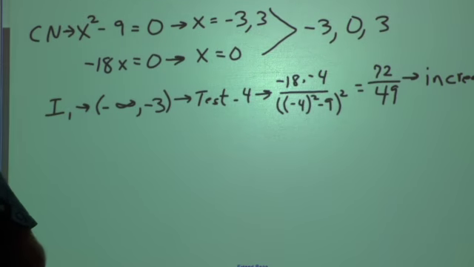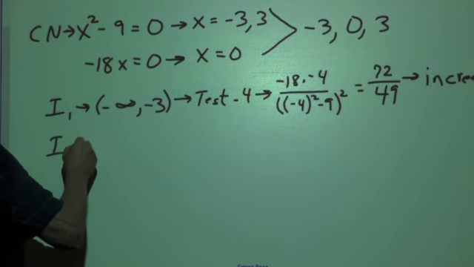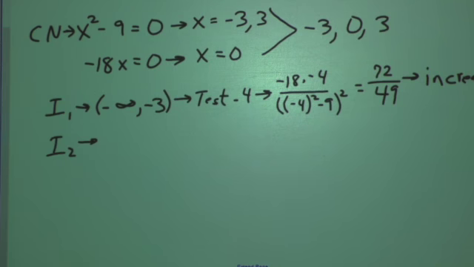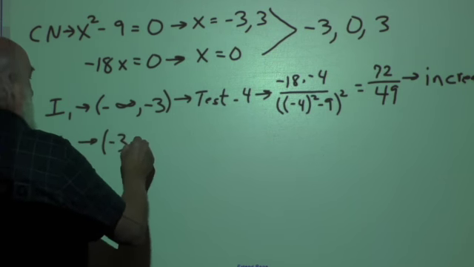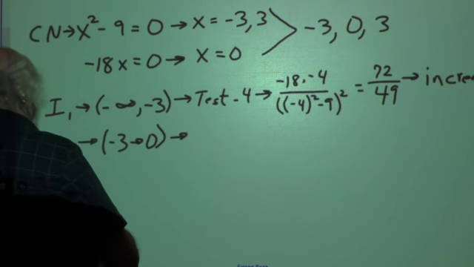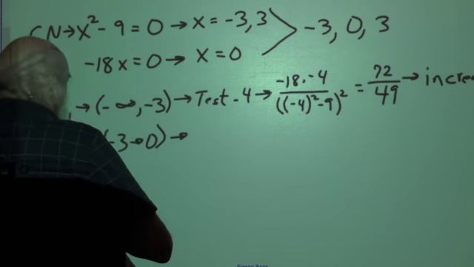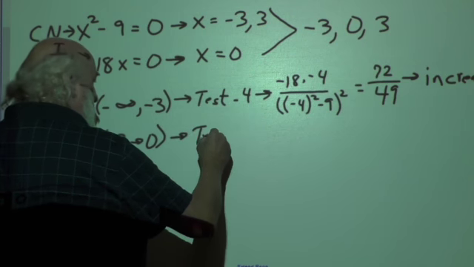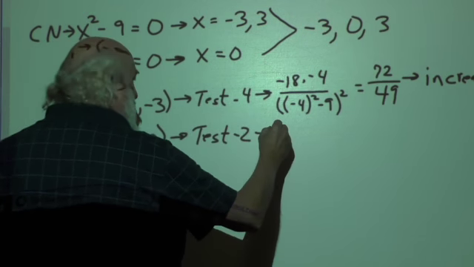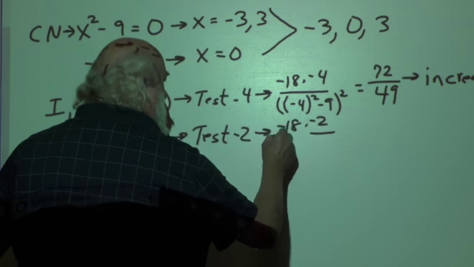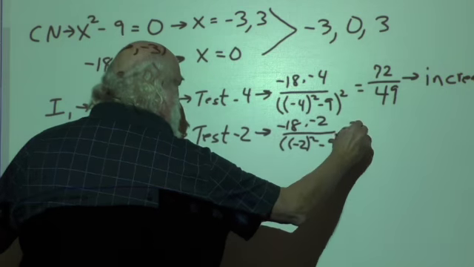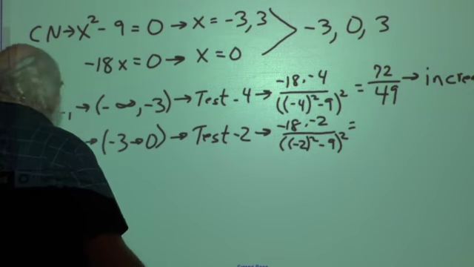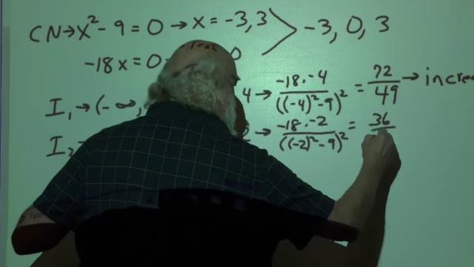Okay, so now we go to I2. I2 is going to go from negative 3 to 0. So I'm going to test with negative 2. When I do that, negative 18 times negative 2 over negative 2 squared minus 9 quantity squared equals 36 over 25.